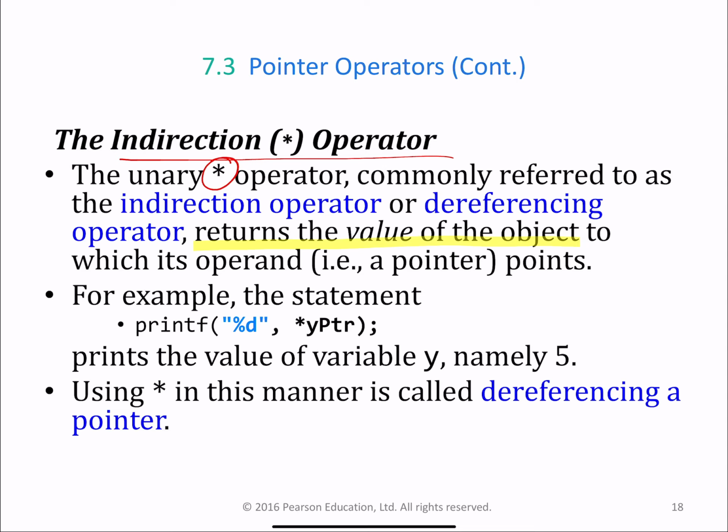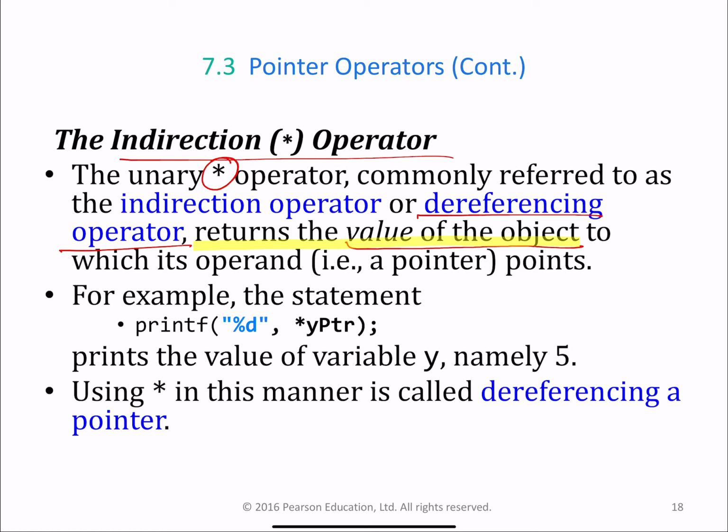It's also called the dereferencing operator. If you put that in front of a pointer variable's name, it returns the value of the object the pointer is pointing at.